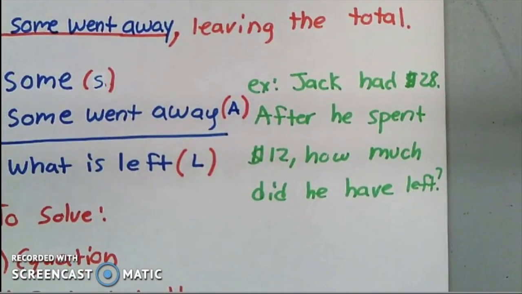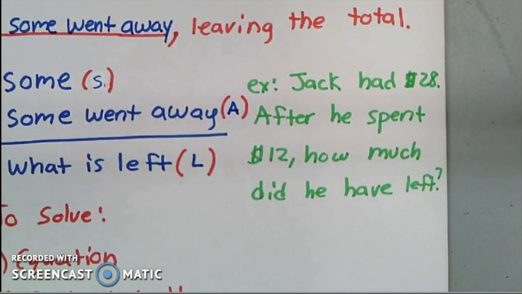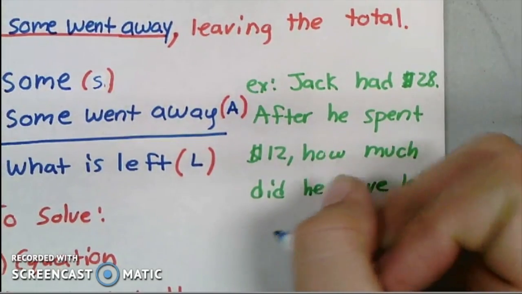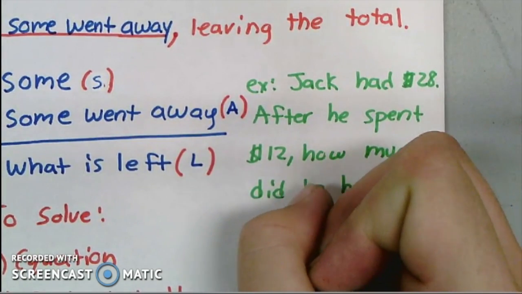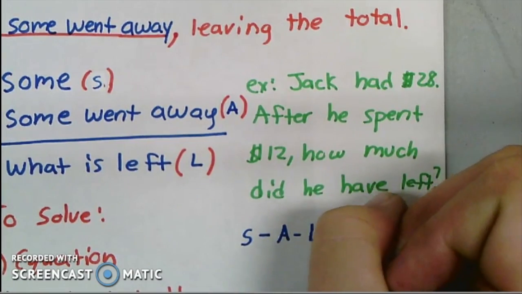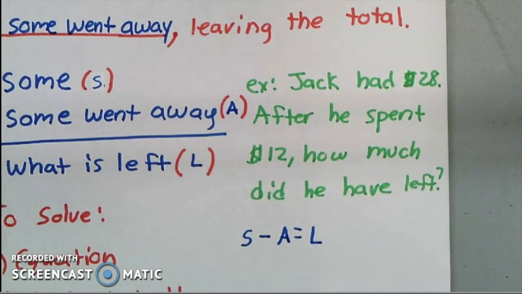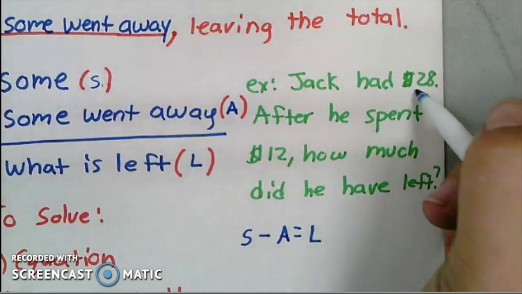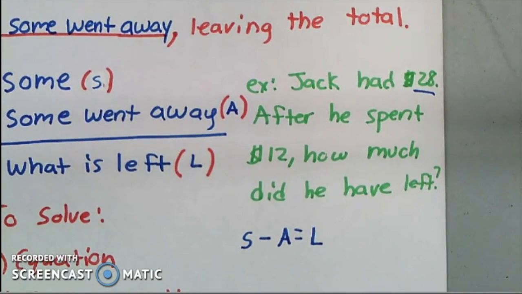Here's our example. Jack had $28. After he spent $12, how much did he have left? First I'm going to write my equation, and my equation is sum minus what went away is what I have left. So our 28, is that our sum, what went away, or what we have left?